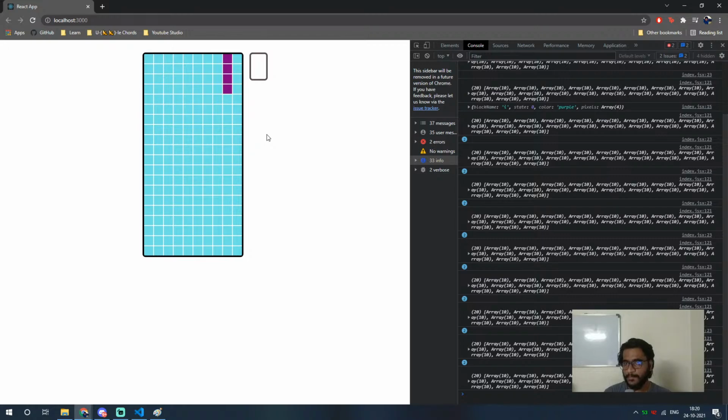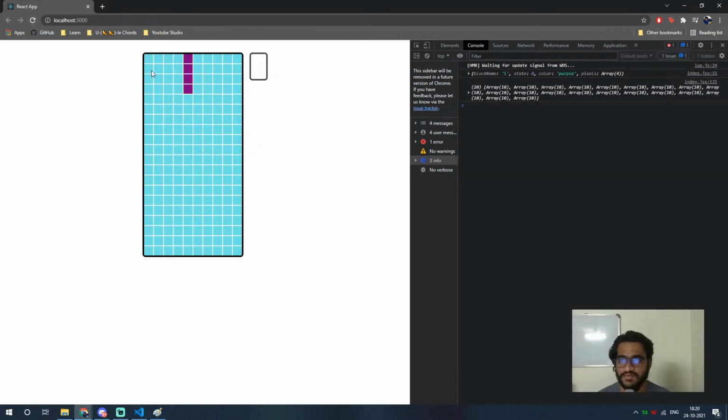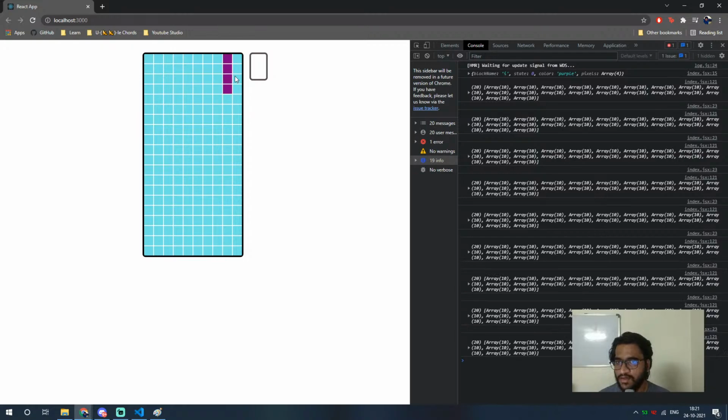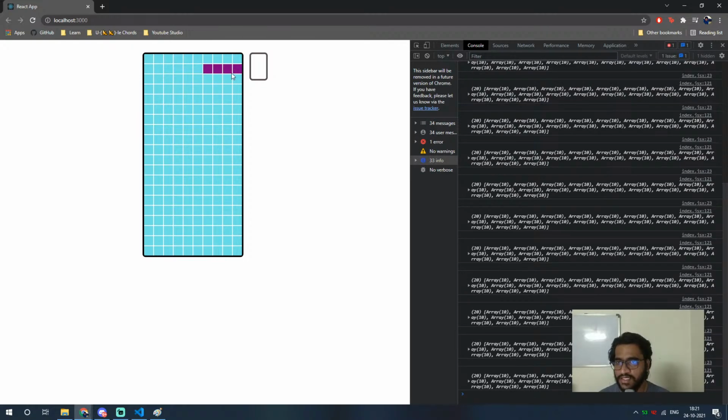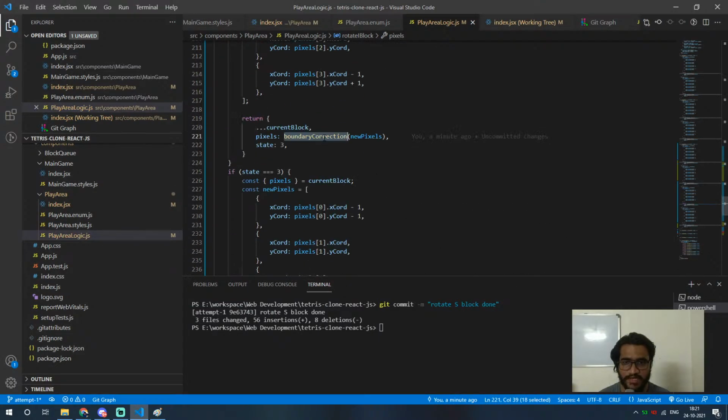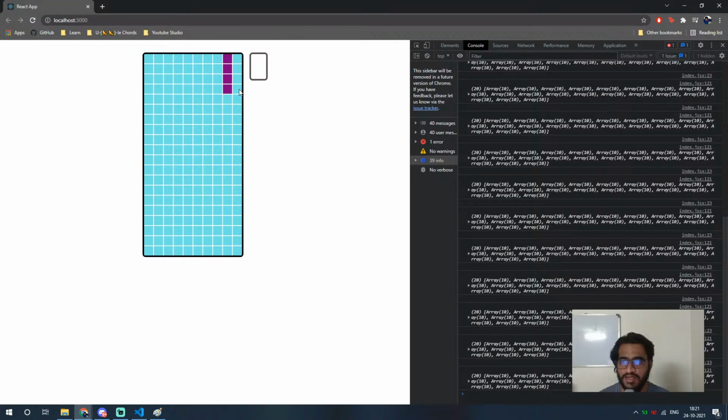So while rotating, this motion is okay because it's just a horizontal motion. Let me show you what I'm saying. Now if we rotate, it is moving one bit this side, right? I think this is okay, until and unless it goes outside the boundary, which is prevented by this boundary correction function.